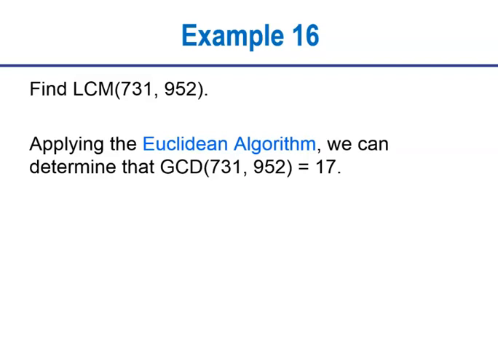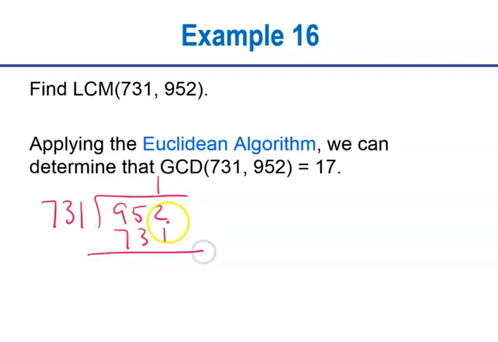So how do we do this? Remember, we divide the smaller one, 731, into 952. And we know that's just going to go one time, times 731, and we subtract. 2 minus 1 is 1, 5 minus 3 is 2, 9 minus 7 is 2.